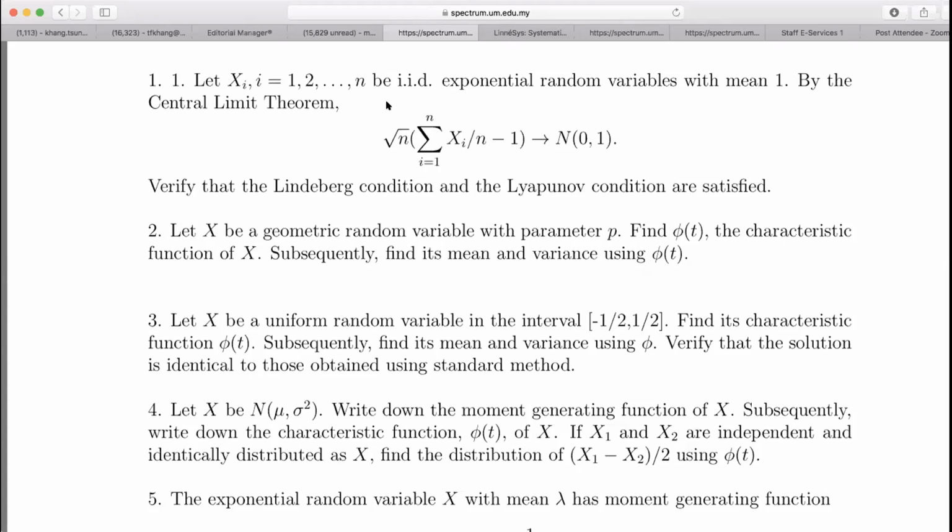Ida wants to try question 2. Okay. Question 2 is basically just finding some exercise in working with the characteristic function.